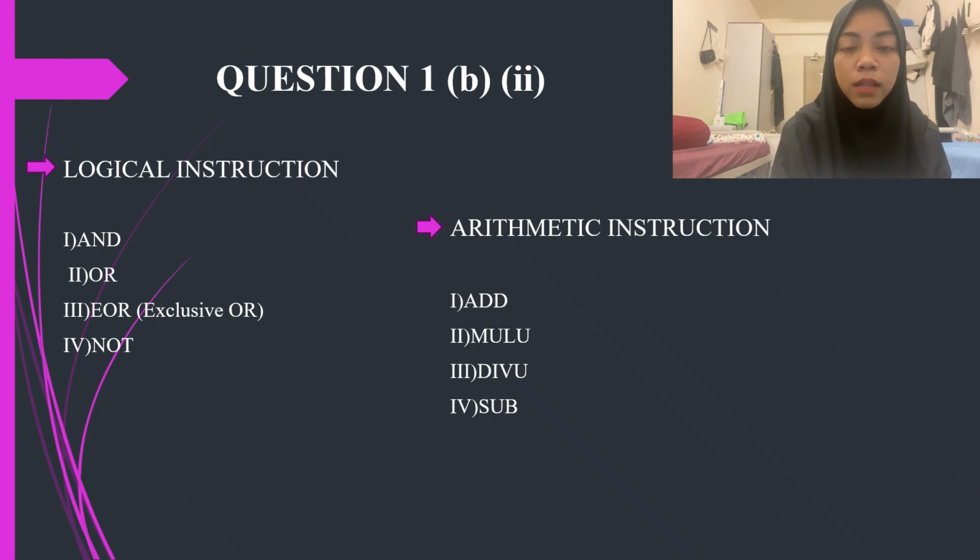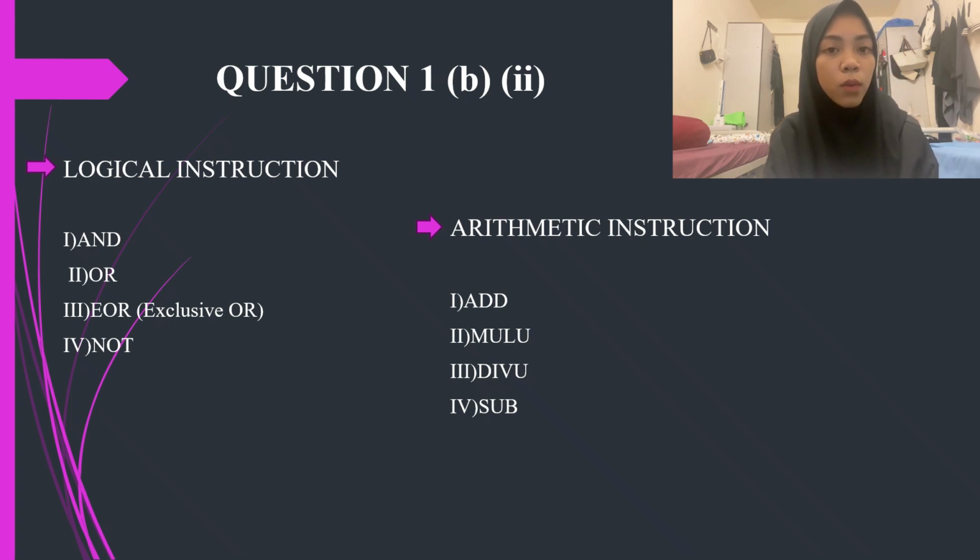For example, AND gives an output of 1 only when both inputs are 1. OR gives an output of 1 if at least one of the inputs is 1. Exclusive OR gives an output of 1 only when the two inputs are different. NOT is used to invert the value, turning 1 into 0 and 0 into 1.